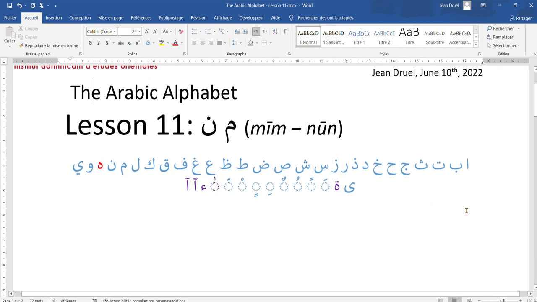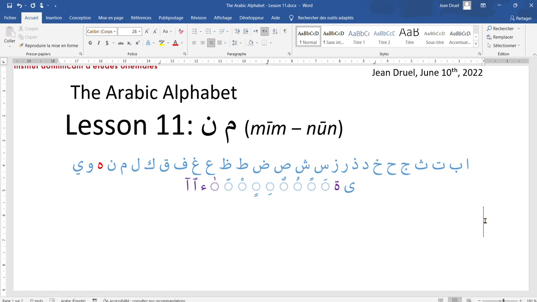There is nothing complicated about drawing the mim and the noon, or about reading and pronouncing them, but that's not the issue. However, there are some specific difficulties that we're going to see about them. First, let's see the isolated form. It's a rounded head plus a vertical tail.